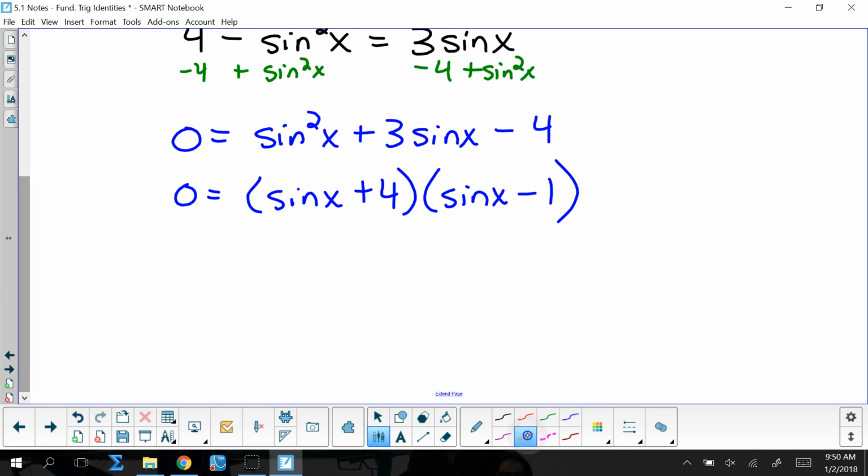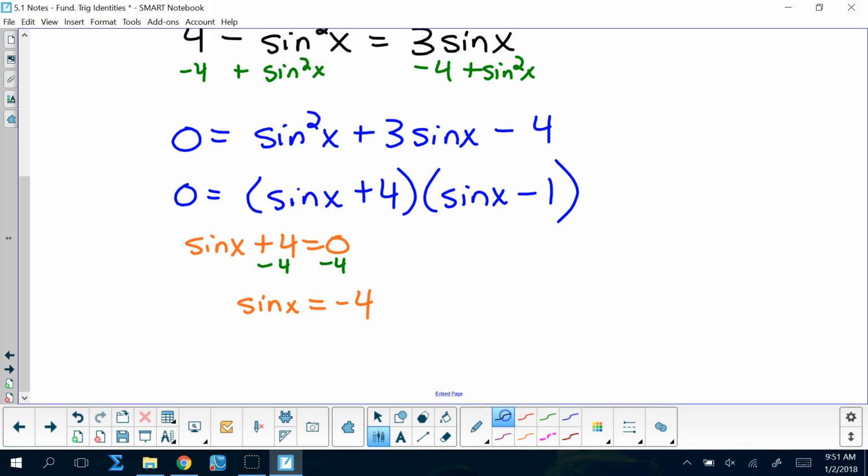Set my factors equal to 0. Can sine of x ever be negative 4? Nope.